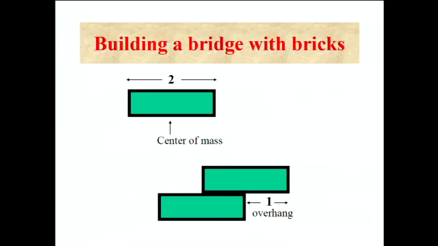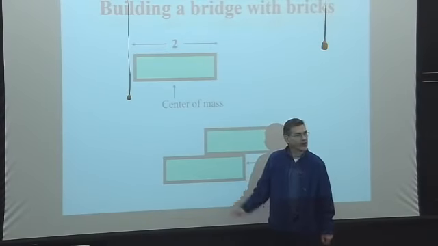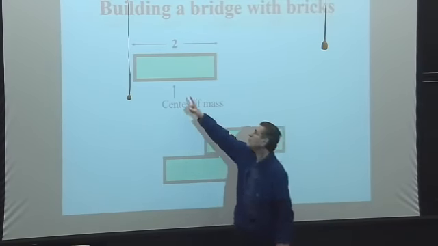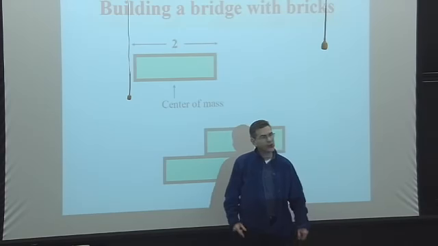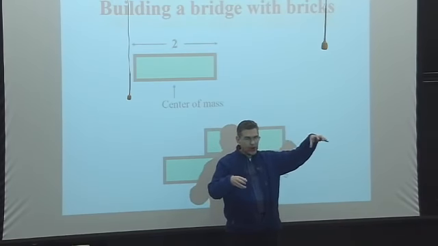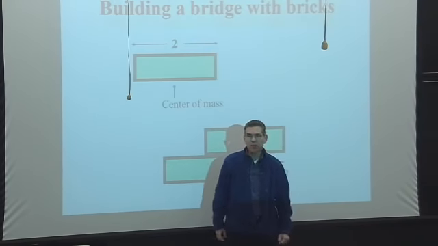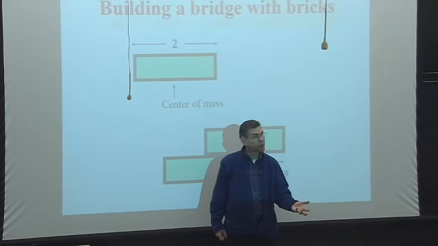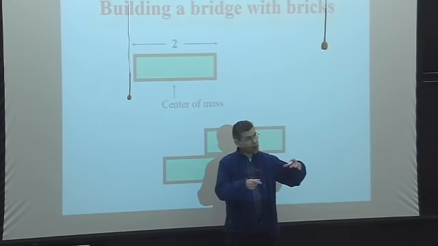Let's suppose that one brick is 2 inches long. And it's a homogeneous brick. And here's the center of mass. So the question is, can I pile bricks on top of one another to make an overhang? Do you think I could make an overhang as big as, say, one brick? If I just pile up blocks.